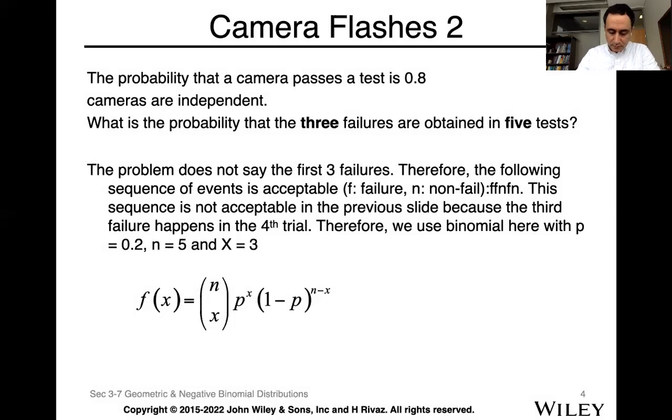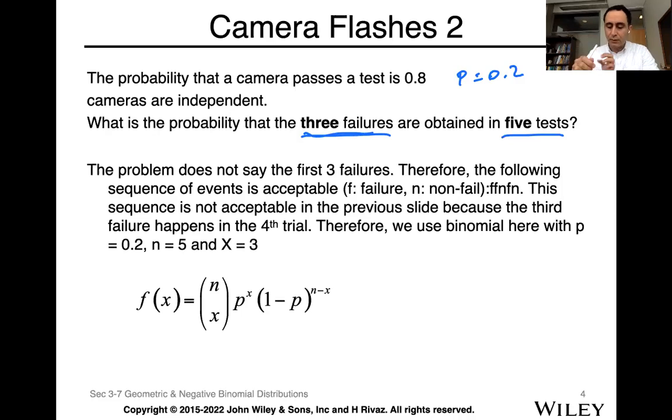Let's contrast that with another question that is quite similar, but we have to use a different distribution, right? So again, the probability that the camera passes a test is 0.8, and we are interested in failures. So that immediately means that p is 0.2. And we basically want 3 failures to happen in 5 tests, right? So here I didn't say the third failure happened in the 5th test.